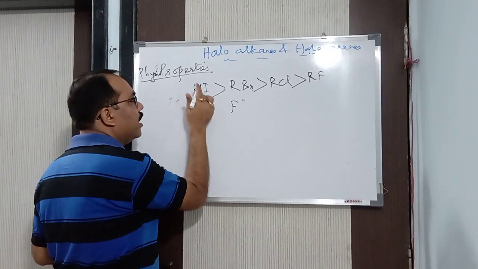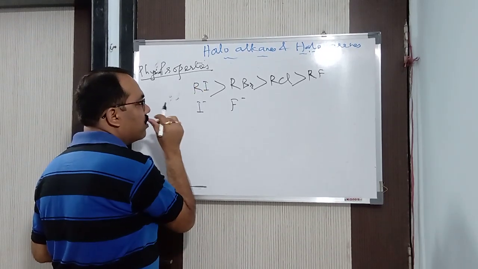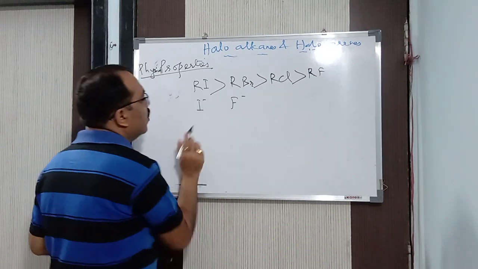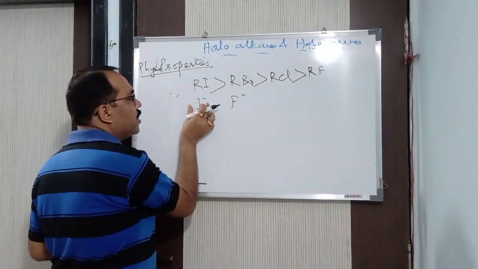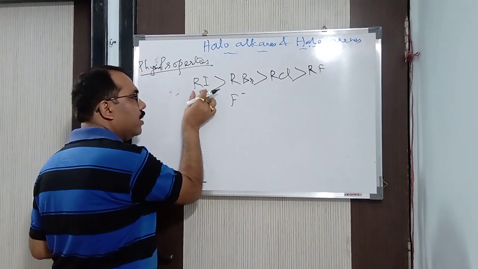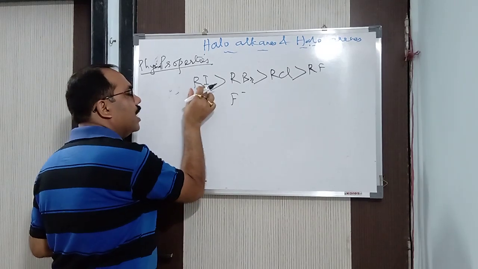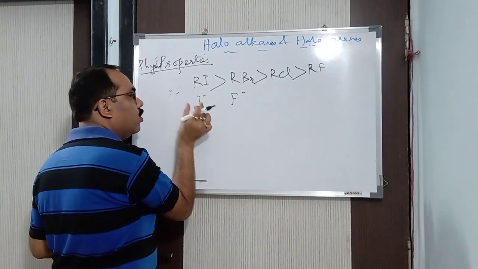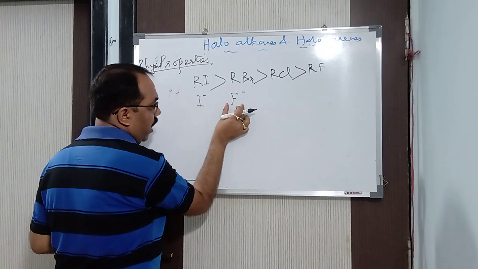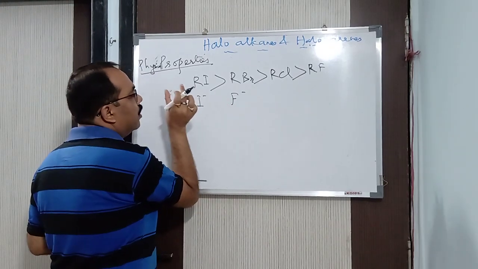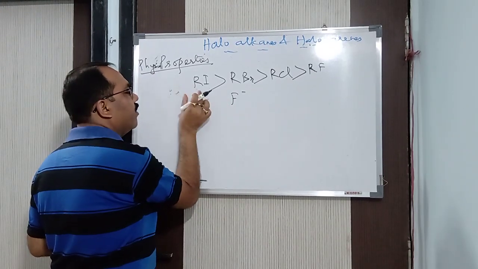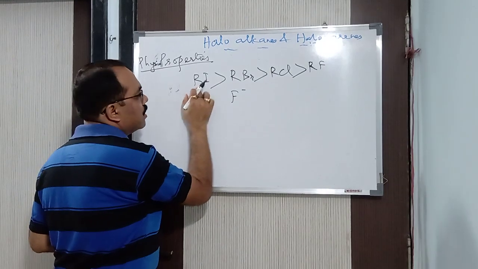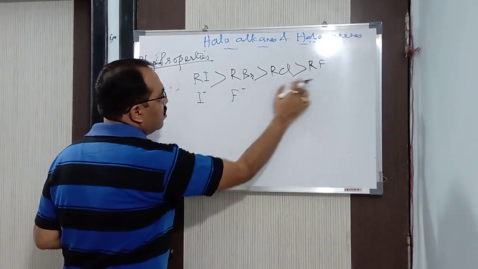So in RI, the bond length is quite bigger compared to RF. As I minus is more polarizable than F minus, the boiling point of RI is greater than RF. So it follows this particular order.